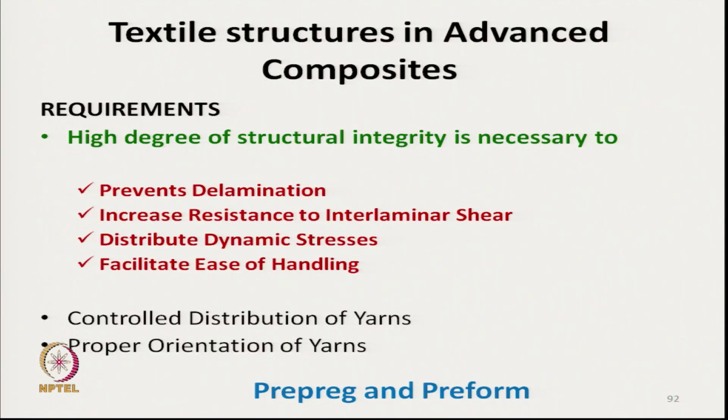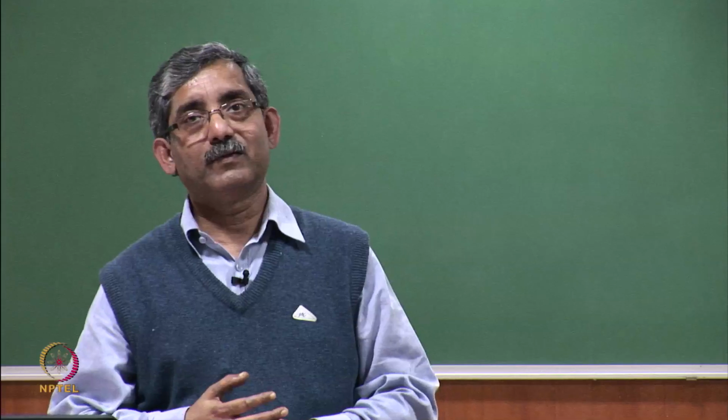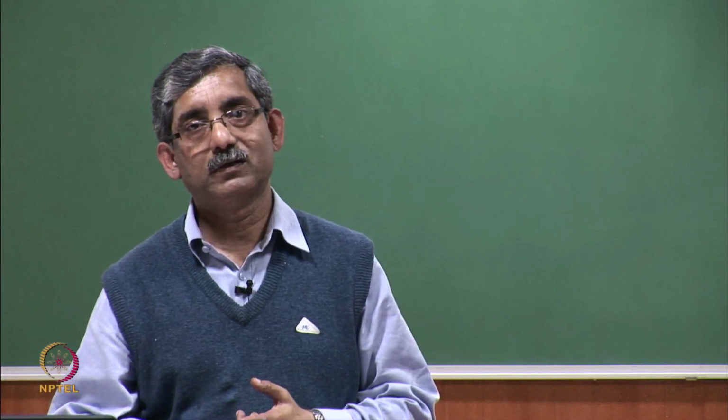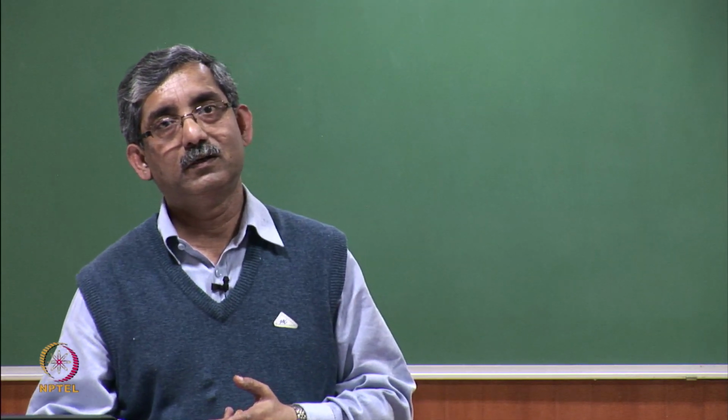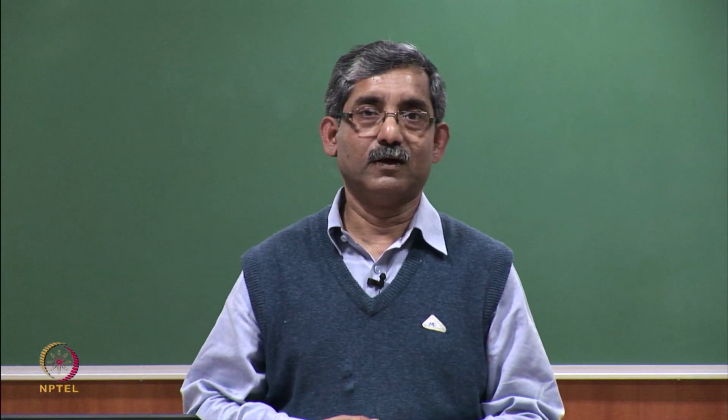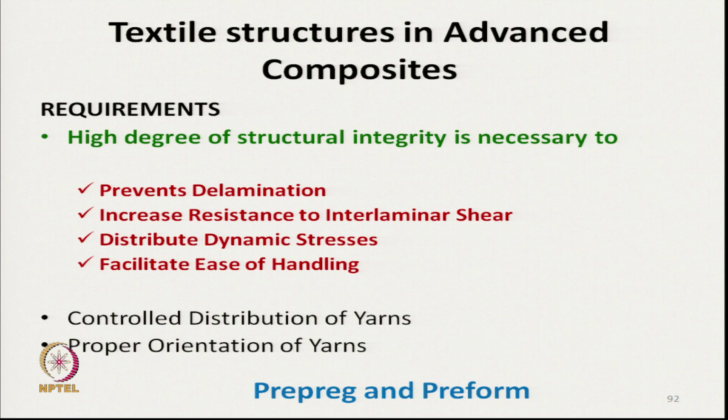These textile structures are basically known as prepreg or preform. Preform is basically the basic textile structure without the incorporation of matrix material. Only the textile reinforcing materials are there.